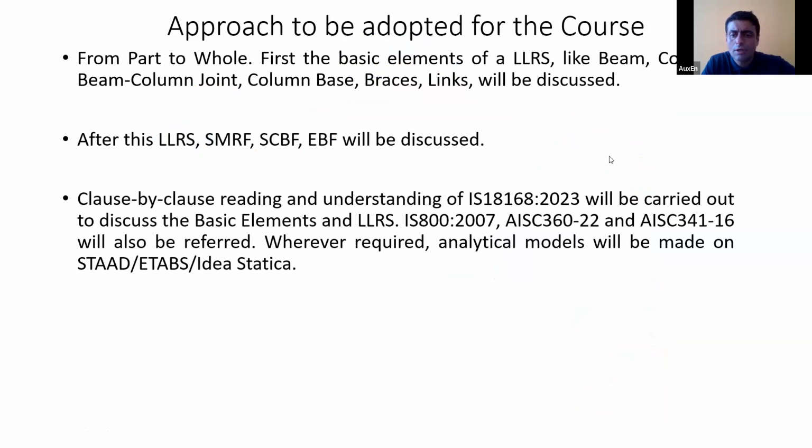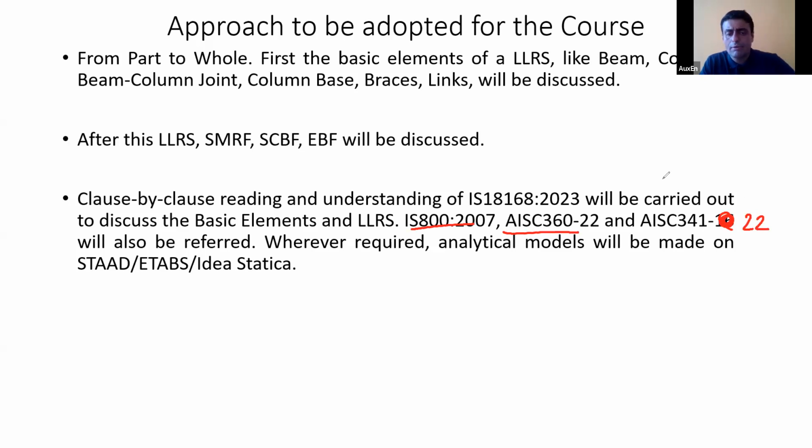So we will be having a clause by clause understanding of 18168, and also time to time we will refer to the other codes like IS 800 2007, the AISC 360 2022, and the AISC 341 2022.